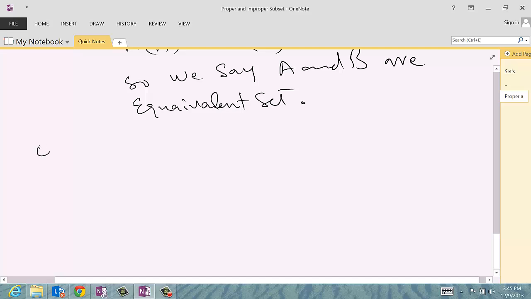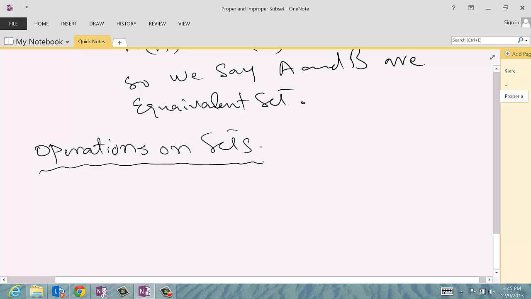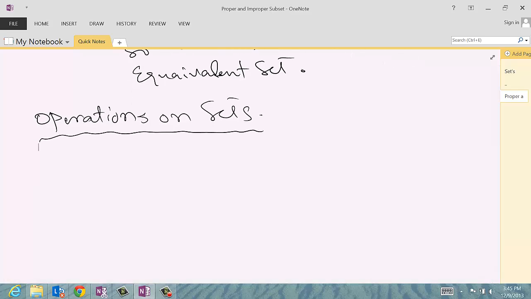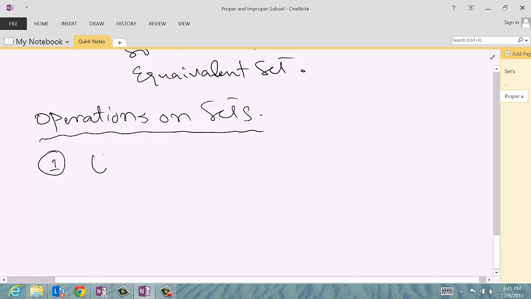So let's talk about operations on sets. And these two concepts are key concepts, because ultimately when you learn statistics or boolean algebra or those kind of higher level mathematics, these concepts are going to come handy. So number one is union of sets.